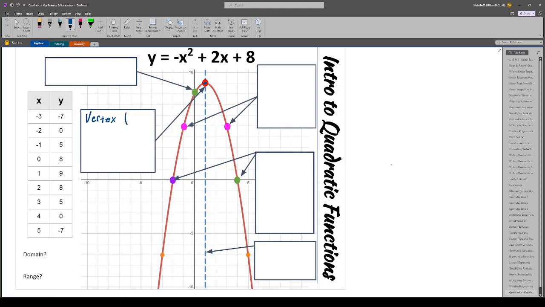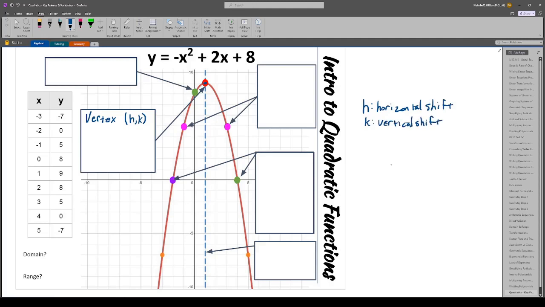First of all, we're going to put the vertex has the coordinates h, k. You may remember from function transformations that h represents a horizontal shift or translation, and k represents a vertical shift or translation. It's the exact same thing here.